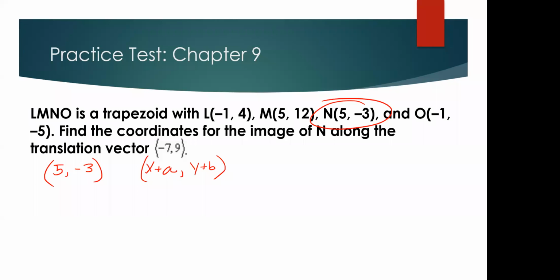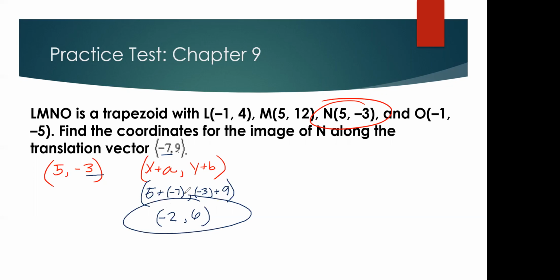So the x value is 5, and a is -7. And then the y value is -3 plus the b in the vector, which is +9. So 5 plus -7 would give you -2, and -3 plus 9 would give you +6. Okay, so that is the final answer. You didn't have to do that for each point of the trapezoid. It was only asking for one of those points.